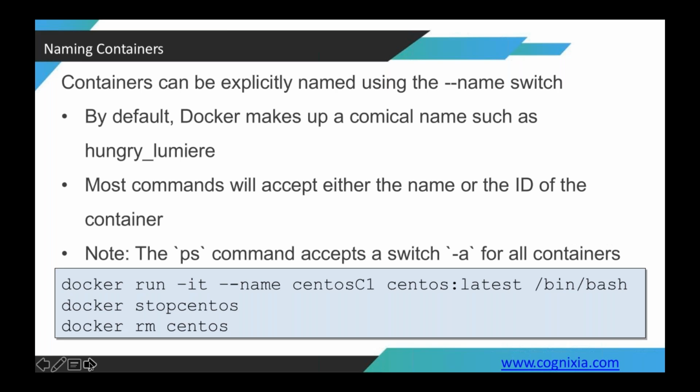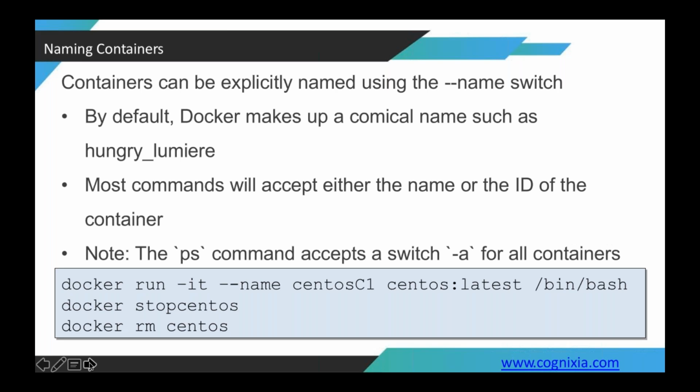Now, what are the advantages of naming a container? You can refer to a container either by the container ID or the container name. So if you want to refer to a container, you can directly refer to it by its name. If you want to stop the container, you can run the docker stop command followed by the container name that you want to stop.